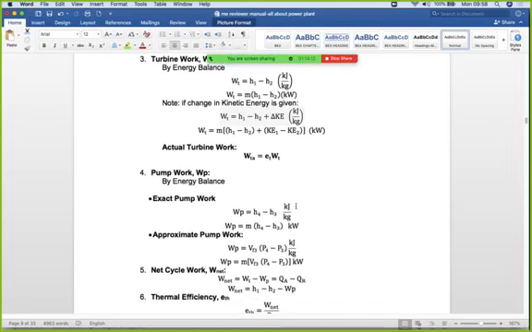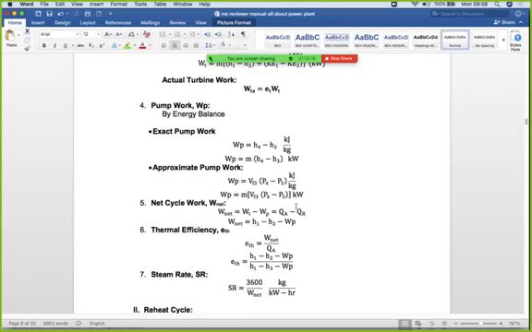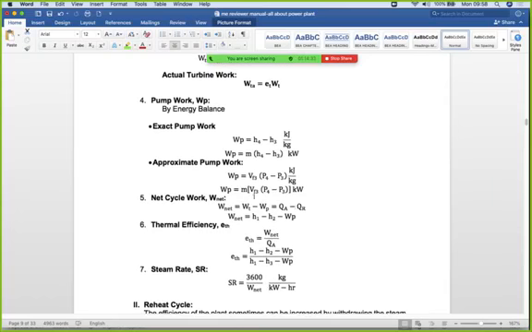So we go now to the pump work. We have the energy balance and the exact pump work, with stages 3 to 4. You can see from 3 to 4 there's an increase in temperature. So the pump work is mass times H4 minus H3.